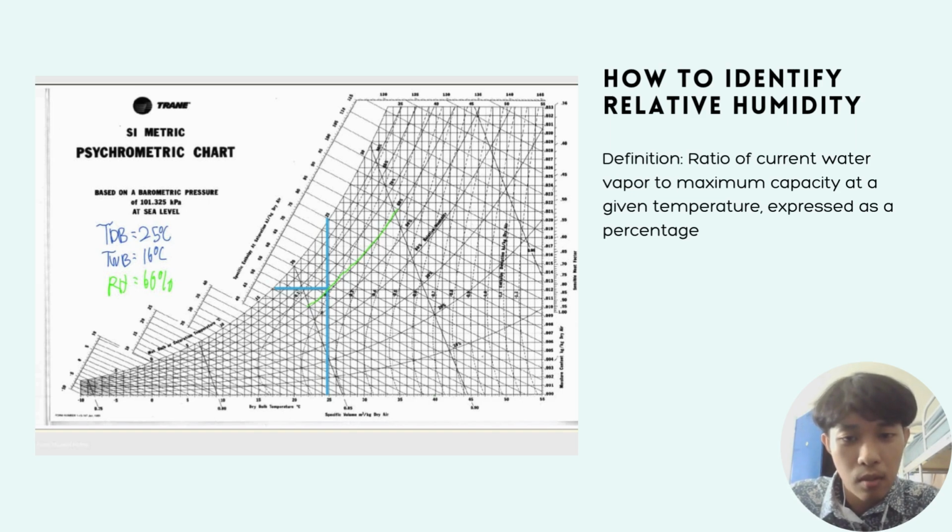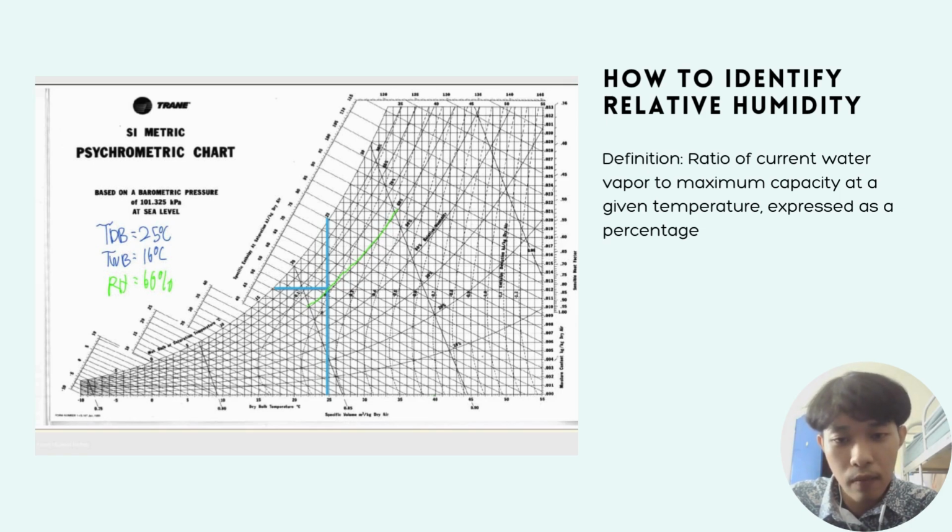As you can see in the humidity chart, the diagonal lines show 20%, 40%, 60% and 80%. To read it, let's just say that there are two pieces of information, the temperature dry bulb and the temperature wet bulb. The temperature dry bulb shows 25 Celsius and the temperature of wet bulb shows 16 Celsius. Using that information, you need to draw a line.